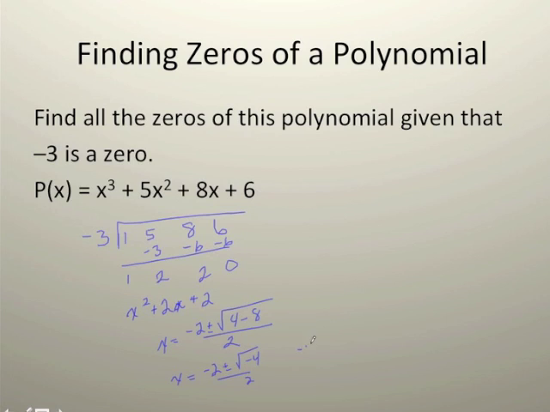That leads to negative 2 plus or minus 2i over 2, or negative 1 plus or minus i. So all the zeros of this polynomial would be negative 3 and negative 1 plus or minus i.